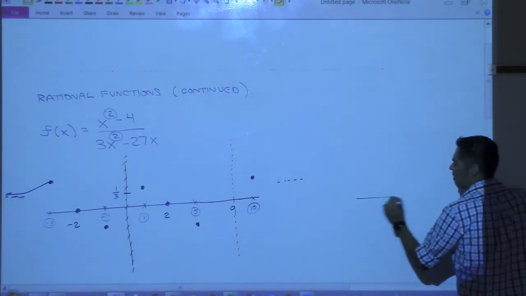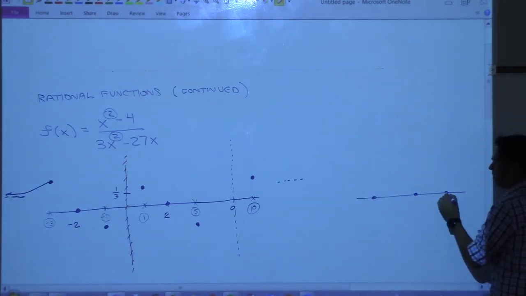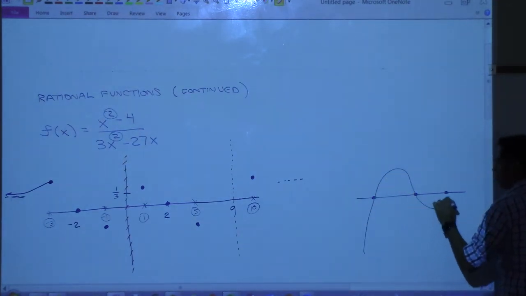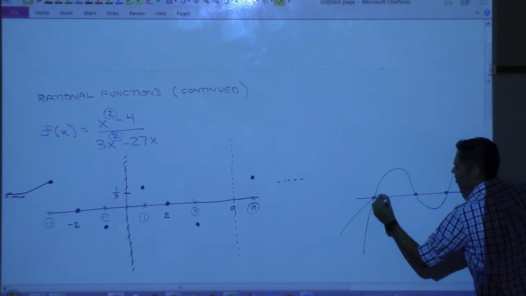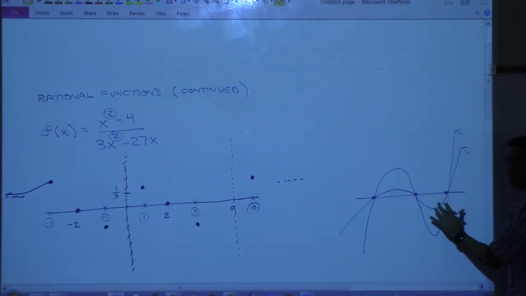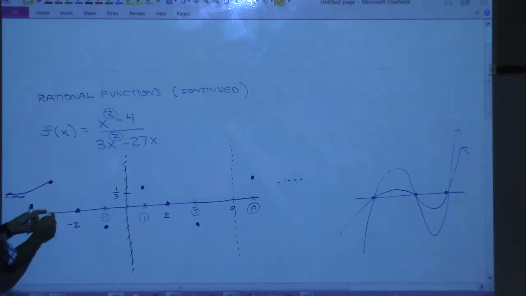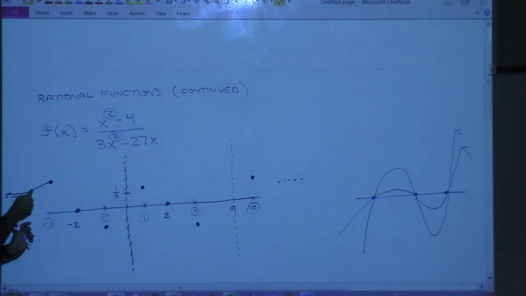If you remember when we were doing polynomials and bouncing and touching, or bouncing and crossing, you might have an answer that looks like this, but someone else may have drawn theirs like this, and you both get it correct because we don't really know how high and low those go. Same thing here. We don't really know how high that point is. The important thing is that it's above the x-axis. That's all that matters, okay? So you draw it and flatten out. Did that answer your question?